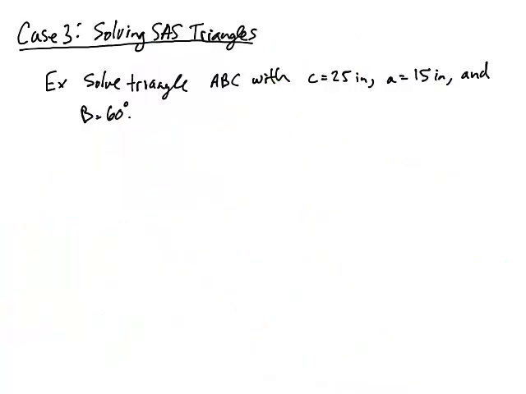Okay, so case 3 involves solving a side-angle-side triangle. Remember, this is when we have a triangle where we are given two sides, let's call them side a and side b, and an included angle. In this example, we have triangle ABC with side c and side a.